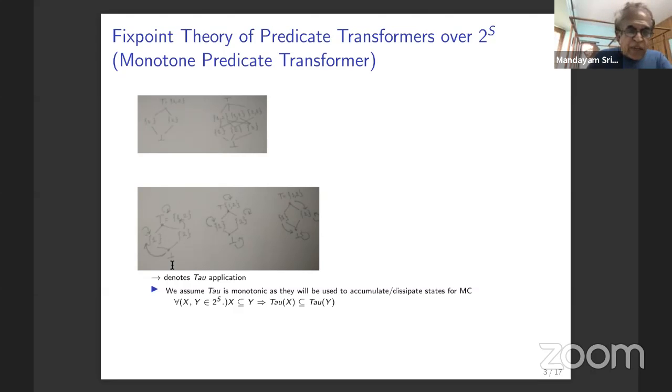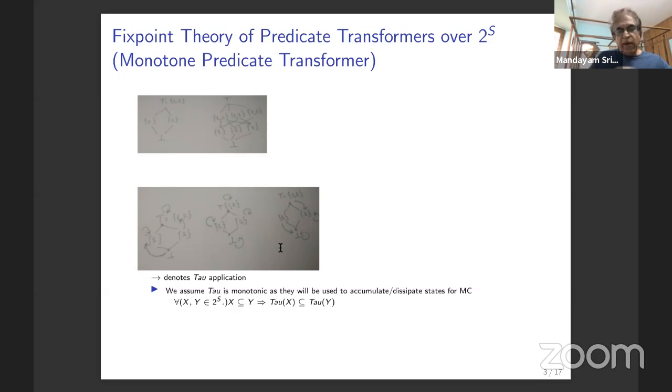If it's monotonic, you usually see these kinds of chains going up or down. In this case, all the chains are going up and they're saturating. That depends on the definition of tau.